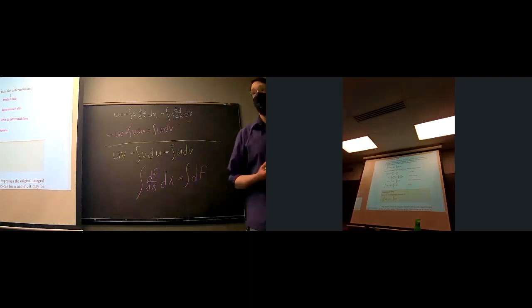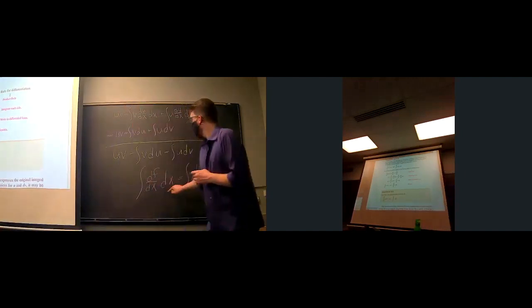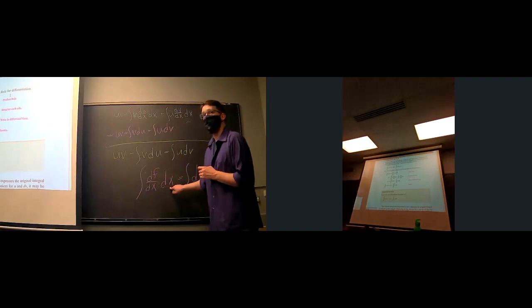Just like I did a moment ago, we have something like df dx dx. We can think of this as just the integral with respect to f, right? So this dv is really encoding the derivative of v with respect to x times dx.